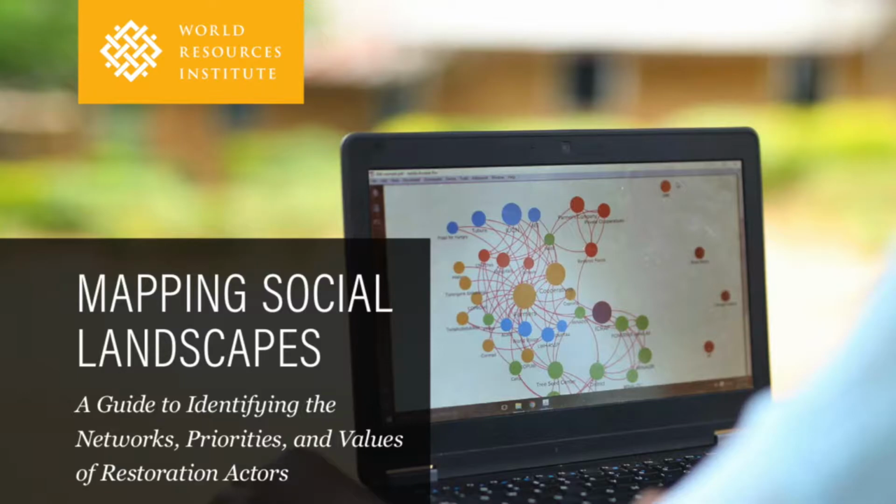So to make it as sensitive as possible, yet getting the core of the information that you need, we're looking at: are there a lot of NGOs in this landscape? Are there a lot of government officials in this landscape? So we can start to understand the actors, but not necessarily the individual actors themselves.